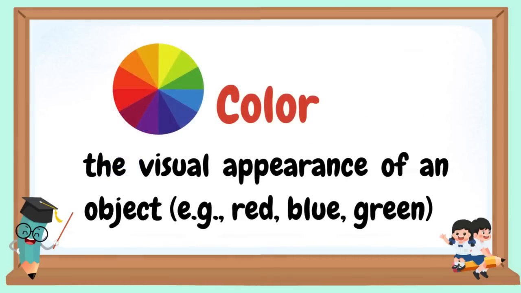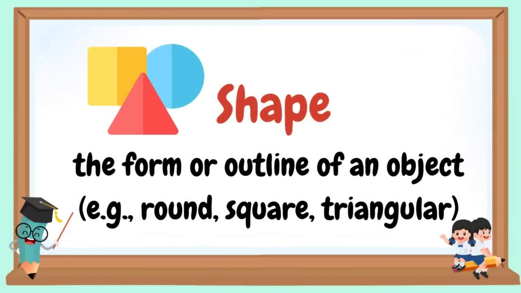Color, the visual appearance of an object. Examples: red, blue, or green. Shape, the form or outline of an object. Examples: round, square, or triangular.